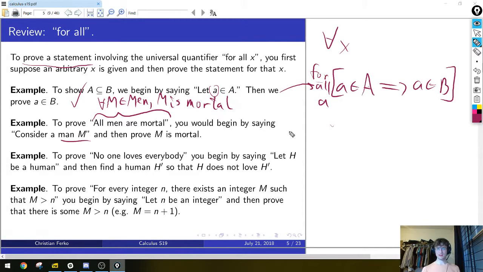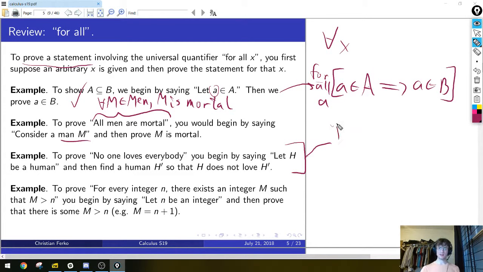Another toy example: if you wanted to prove that no one loves everybody, and these were well-defined mathematical statements, you would start by saying, let H be a human. You're trying to prove there is no human who loves every other human.